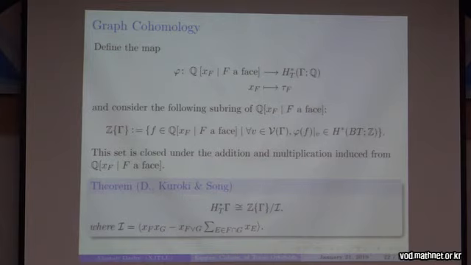Okay, and then we show that the equivariant graph cohomology with integer coefficients is exactly the quotient of this ring by an ideal generated by a similar set of relations. So under this map, this relation will just go to 0.